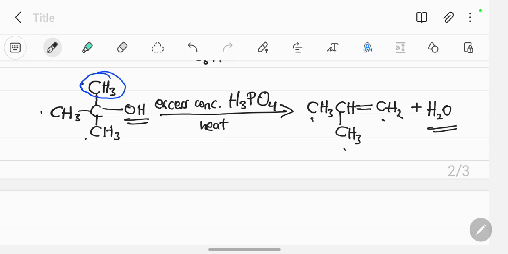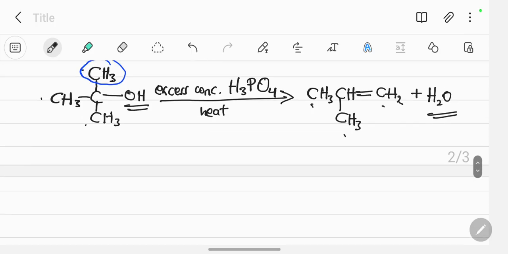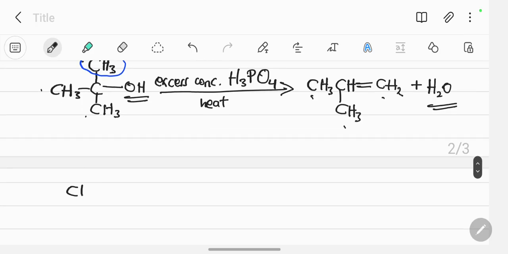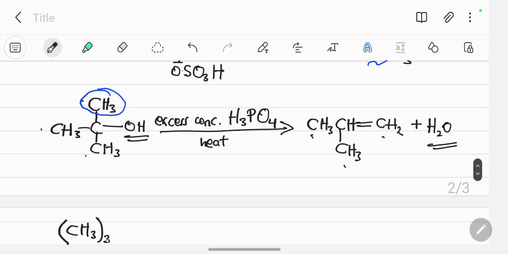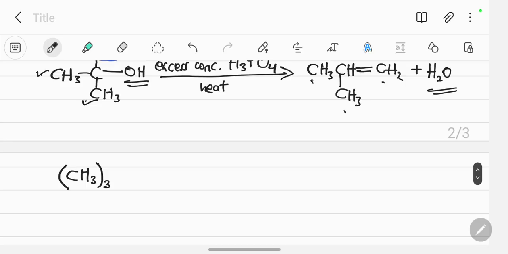We have this alcohol, CH3. We have 3 of them. When I put that 3, I'm meaning that it's this and that. So we have 3 of them, carbon, having the OH group.